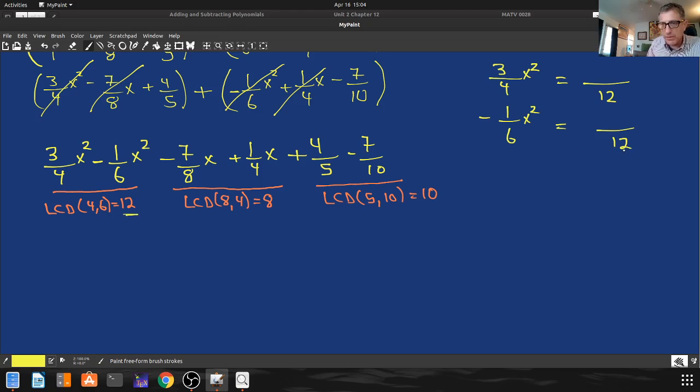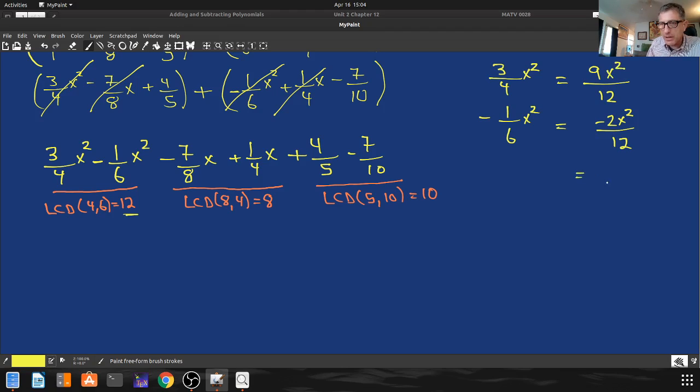So 12 divided by 6 is 2. 2 times minus 1 times x squared is minus 2x squared. 12 divided by 4 is 3. 3 times 3x squared is 9x squared.